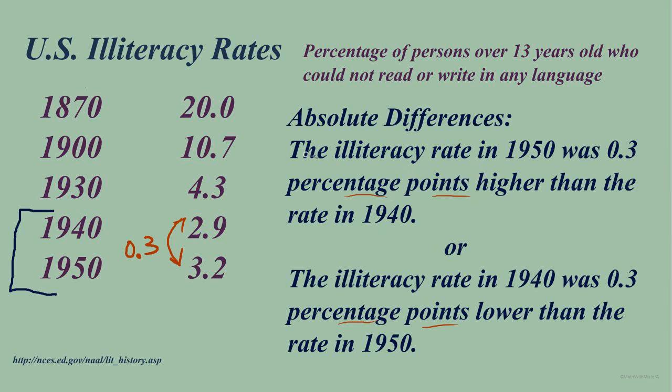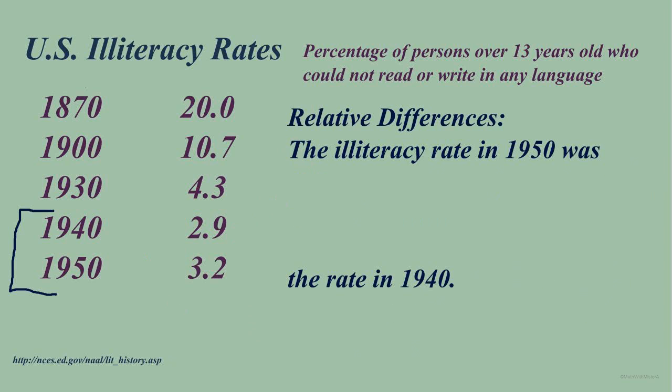So the illiteracy rate in 1950 was 0.3 percentage points higher than the rate in 1940. Or, if you switch perspective, then you would say the illiteracy rate in 1940 was 0.3 percentage points lower than the rate in 1950. So a sentence about the absolute difference would need to be something like one of these two, including a 0.3 percentage point difference.